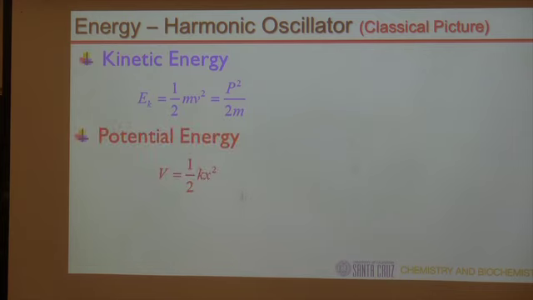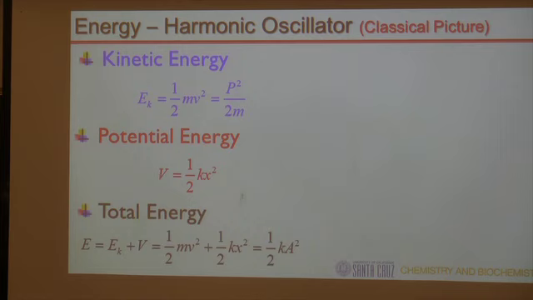And the potential energy we derive becomes 1/2 kx squared, where x is the displacement of the object, and the total energy, of course, is the kinetic energy plus potential energy, which gives you 1/2 kA squared. Here A is the maximum displacement, which is defined as the amplitude.